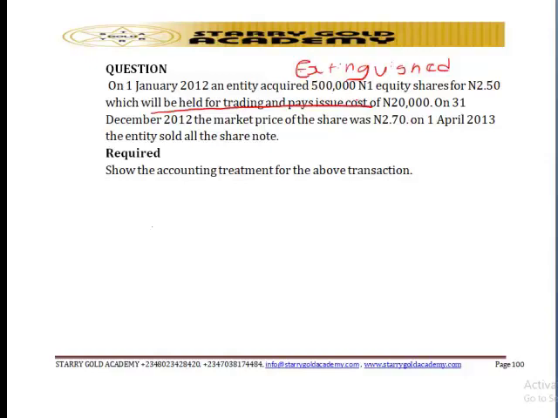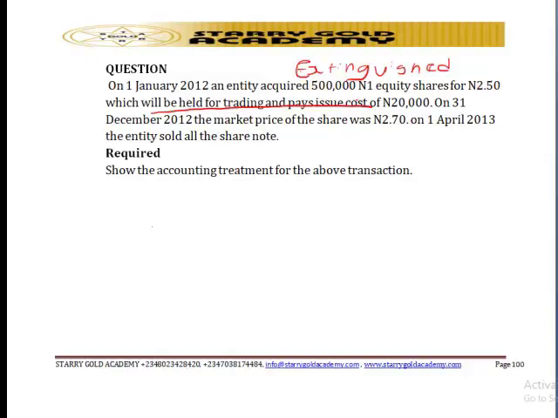Please note that. Now, we've been able to look at the initial measurement. Don't forget that initial measurement also for financial asset, according to IAS 39, is not changed.